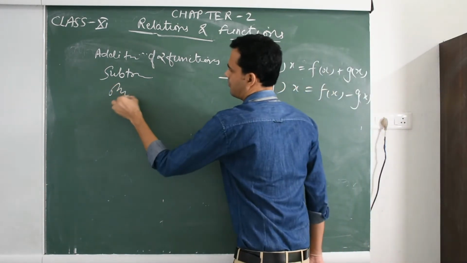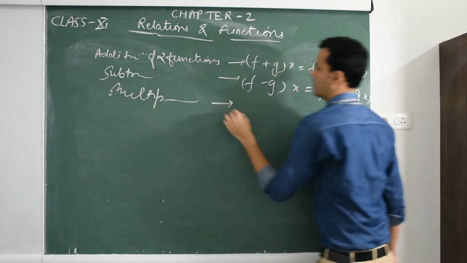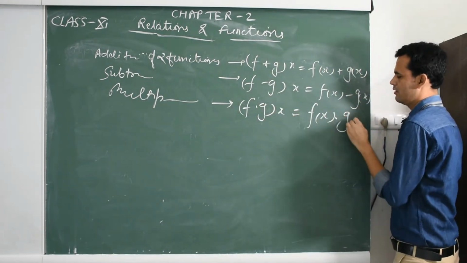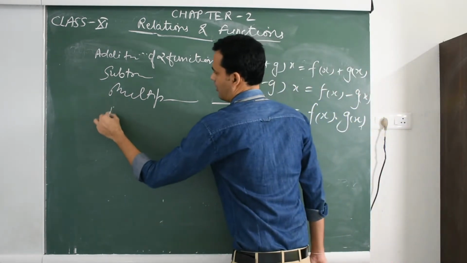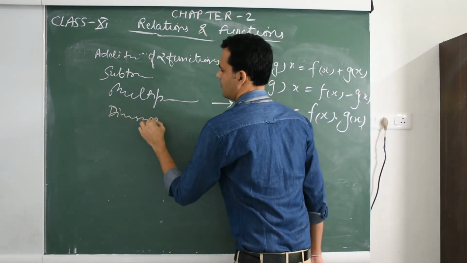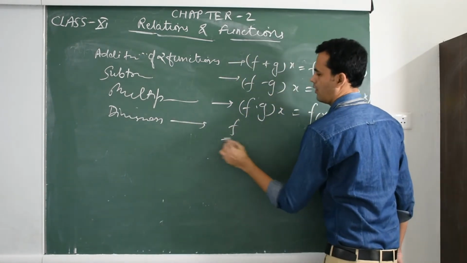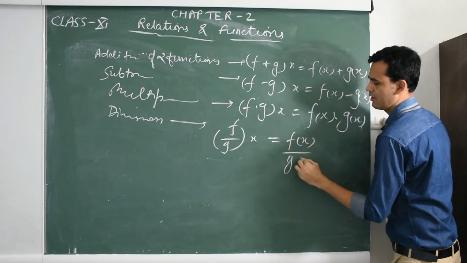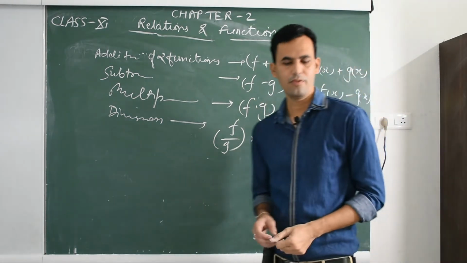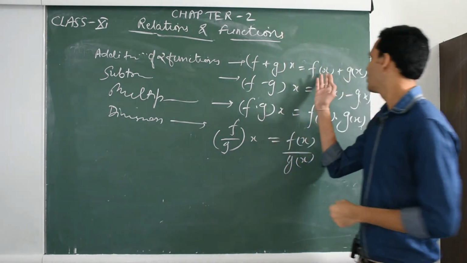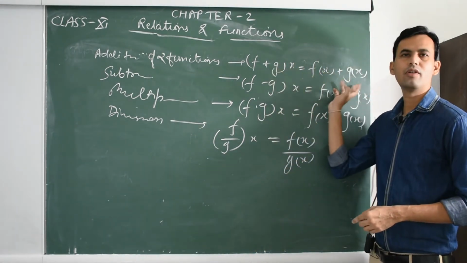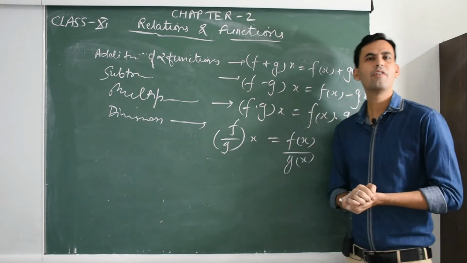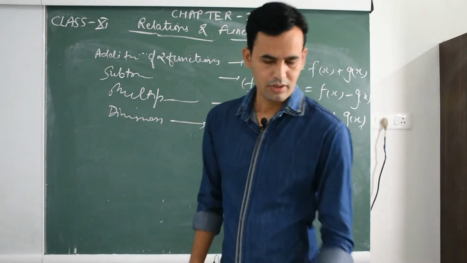Then multiplication of two functions is (f · g)(x), we can write it as f(x) into g(x). And division of functions, (f/g)(x), we can write it as f(x) upon g(x). So these are the 4 forms of functions. If we have two functions, then we add both functions as f(x) + g(x), subtract these two functions, multiply these two functions and divide these two functions. So these are the 4 types.